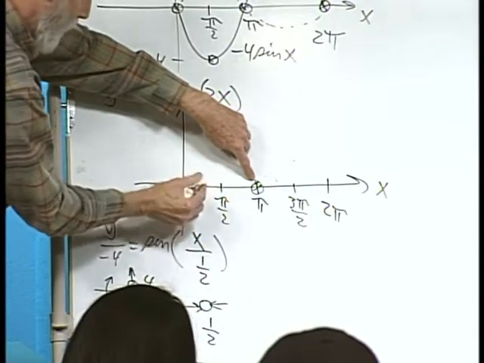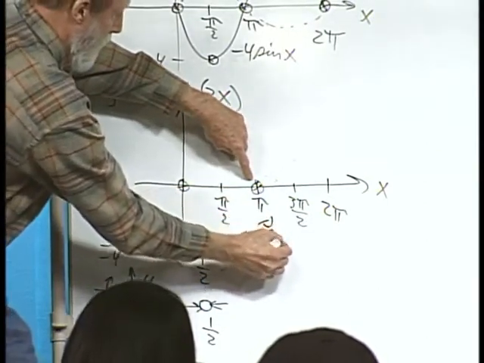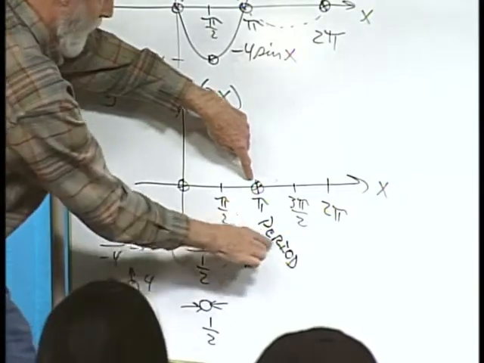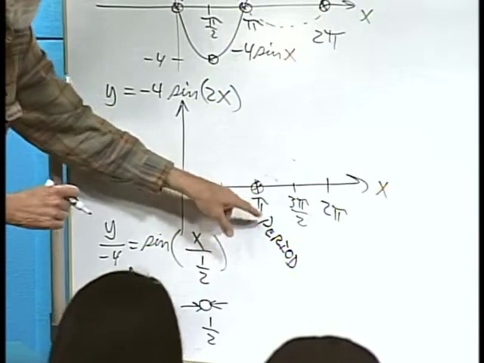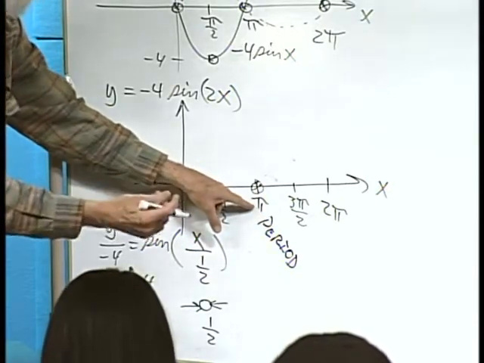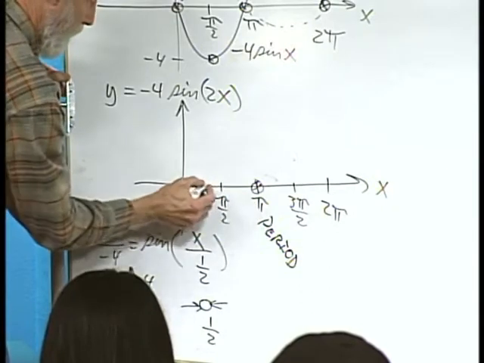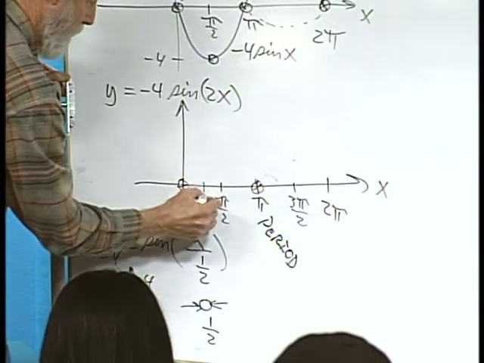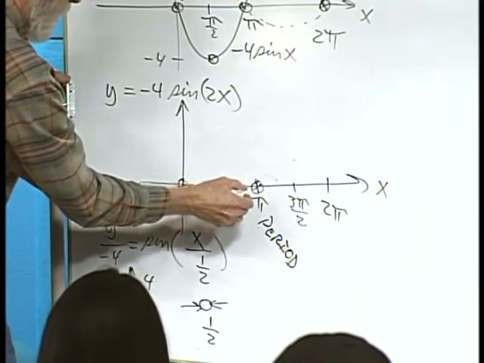So what we need then is to take this period here and cut it into fourths, into quarters. So a quarter of pi is what we're going to use for our tick marks. A quarter of pi is pi over 4 right here. And then we have 2 pi over 4 and 3 pi over 4.